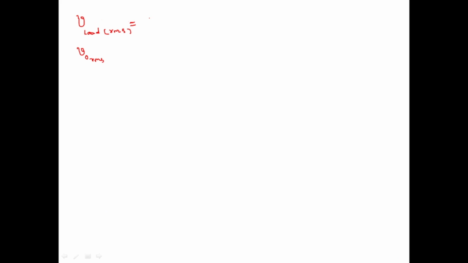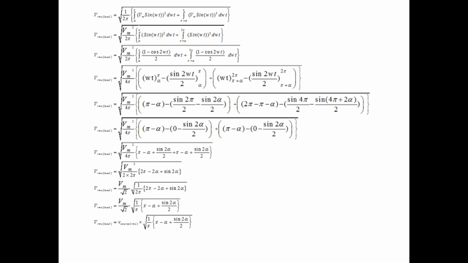Okay, what is the formula we have derived already? What is the formula we have derived for RMS load?